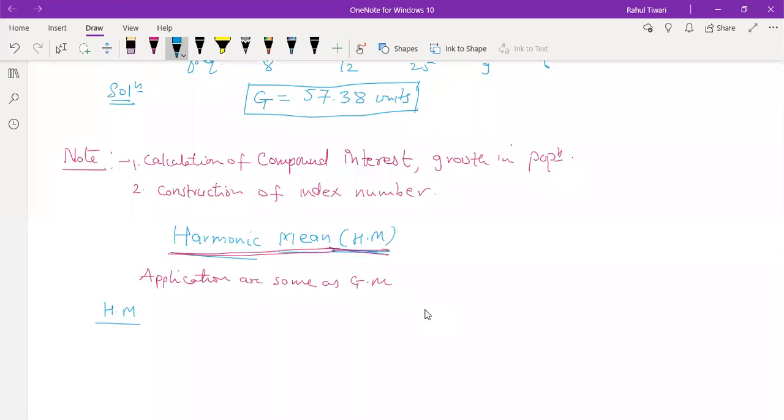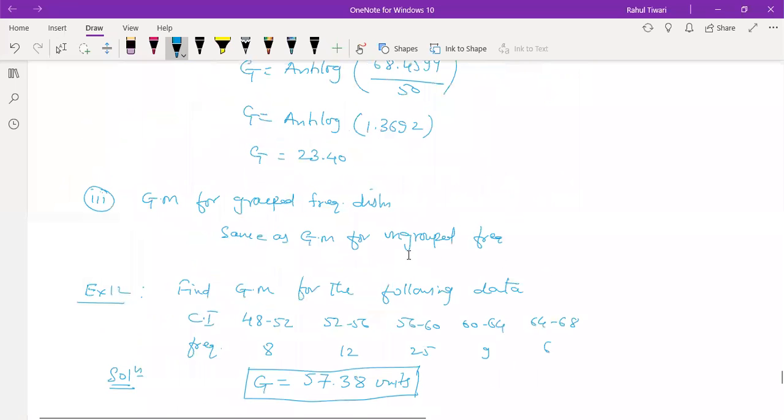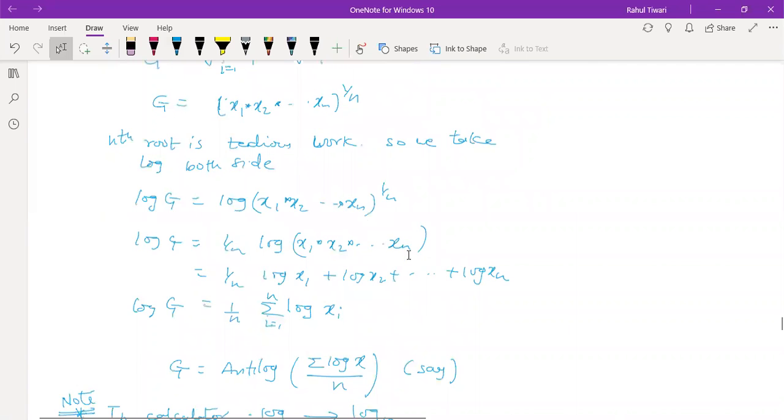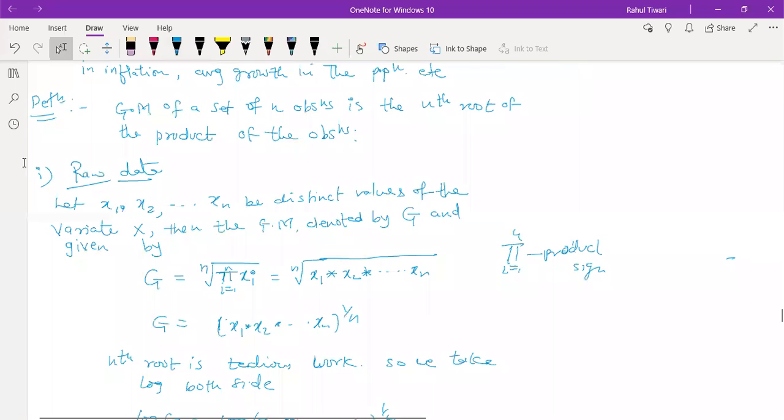So we'll take the first case. Let's take the group data. First, harmonic mean for raw data. If I talk about raw data, this is going to be the same in all the cases.